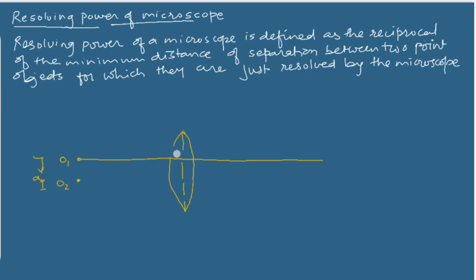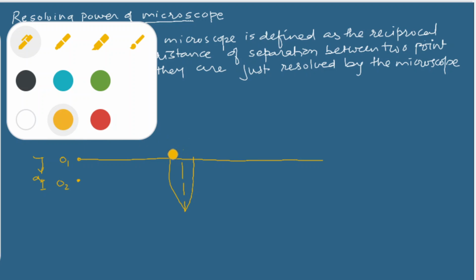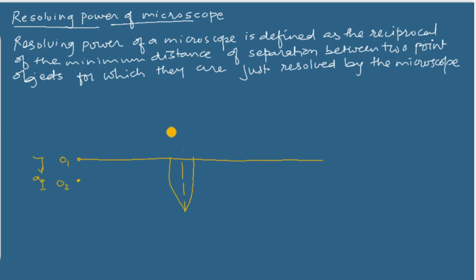We will draw two rays, showing the extreme points on the aperture of the objective. So AB is the objective.